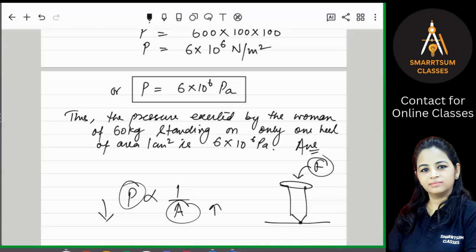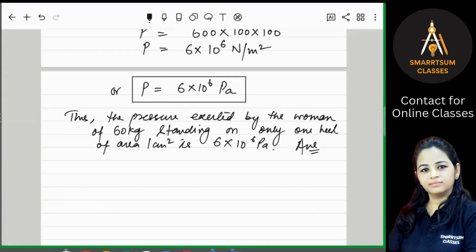But here, when you are hitting with the hammer, since area is very, very small, this is very pointed, very sharp here, the same force can create a big pressure, and because of it, this nail can fix into the wall. Are you getting that? So these are all applications where we are using these things. Is that clear? Okay. Yes, ma'am.